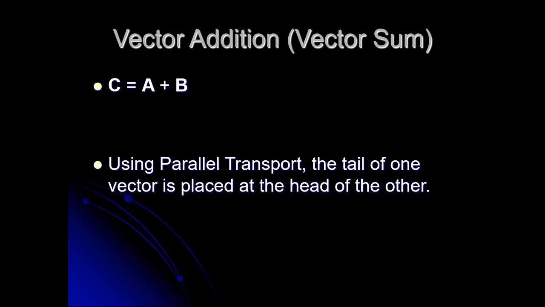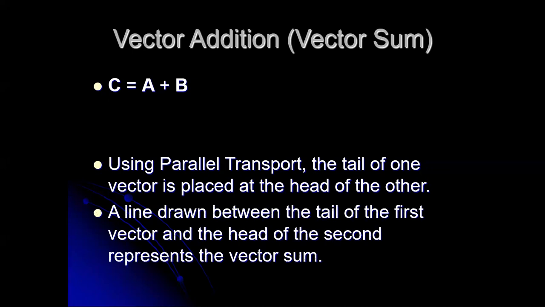So we don't turn them, we don't stretch them or shrink them. We place the tail of one vector at the head of the other, and then we draw a line between the tail of the first vector and the head of the second. That represents the sum, just like the arrow going from the origin to 4 was the sum of 1 and 3.